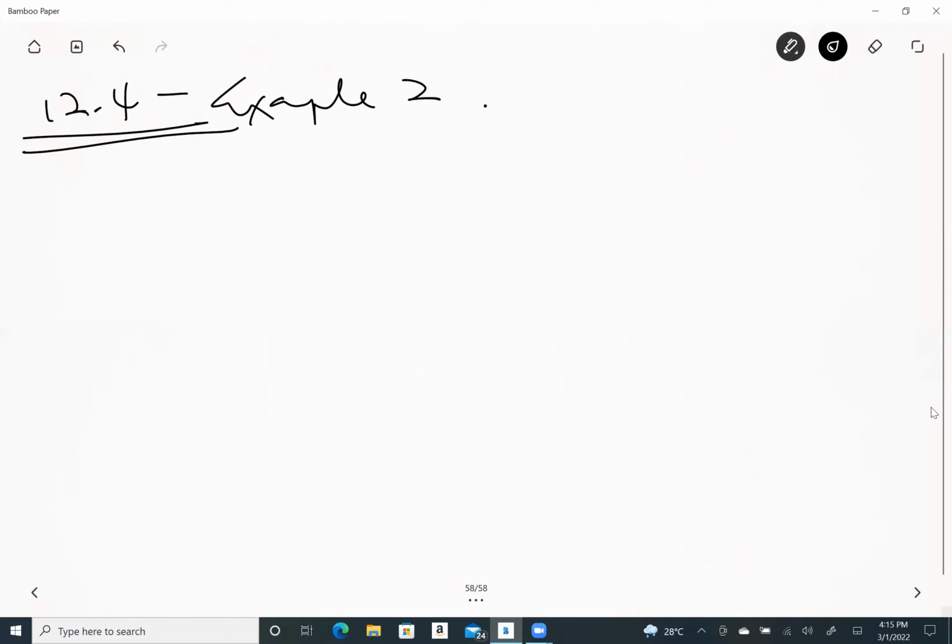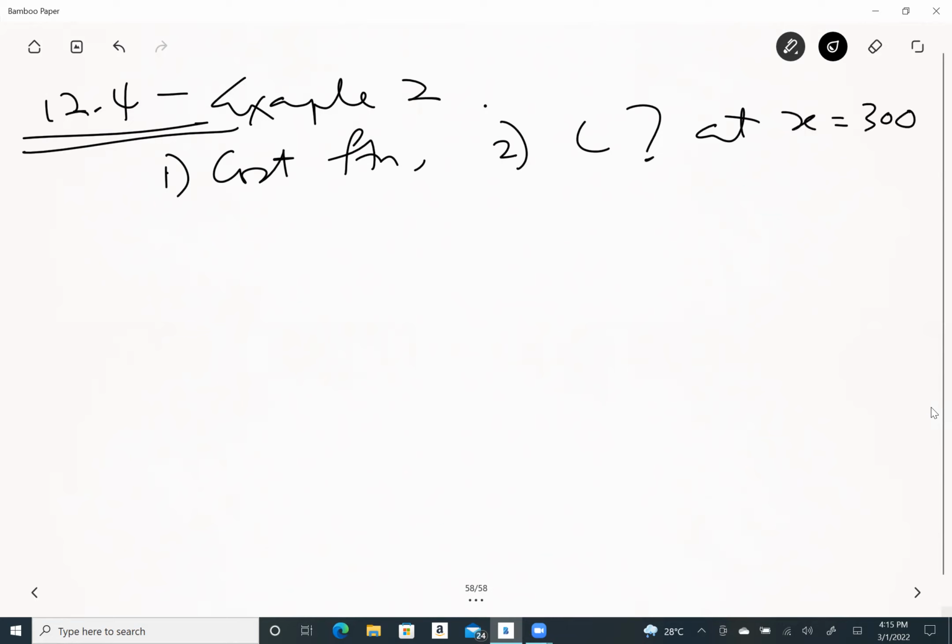And then what you want to find here is you want to find the total cost. All right. So you have to find number 1, the cost function. Number 2, you want to find what is cost at X equal to a certain quantity, here 300. Okay, all right. So that is the problem.